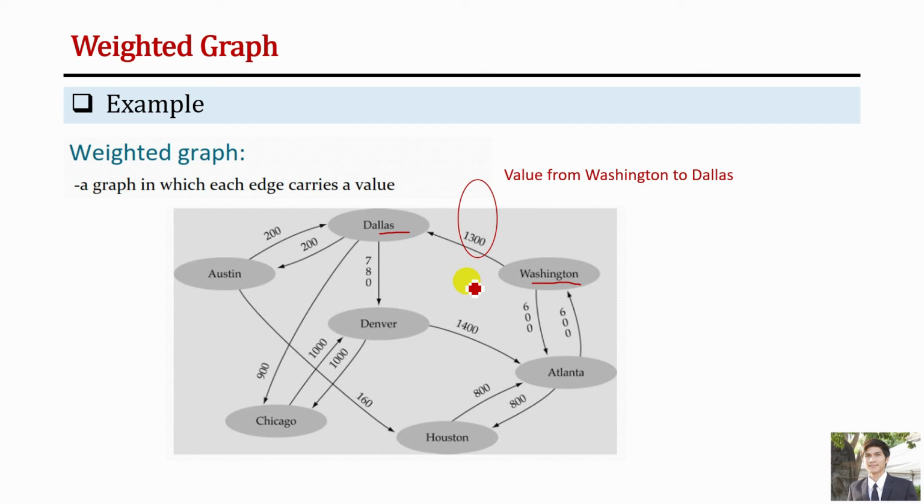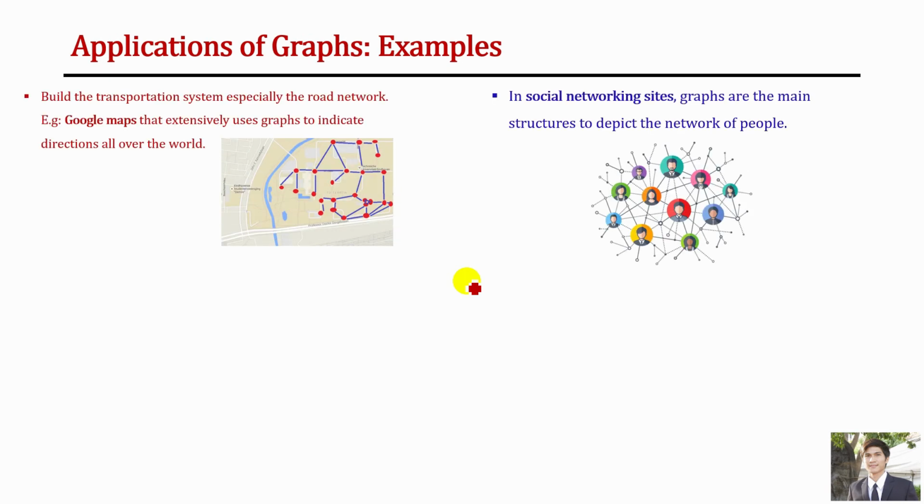For example, there are many locations set from one point to another, right? And there is some estimated distance from one place to another. So we'll see the applications that use graphs. For example, Google Maps extensively uses graphs to indicate many directions all over the world and in different local countries as well.